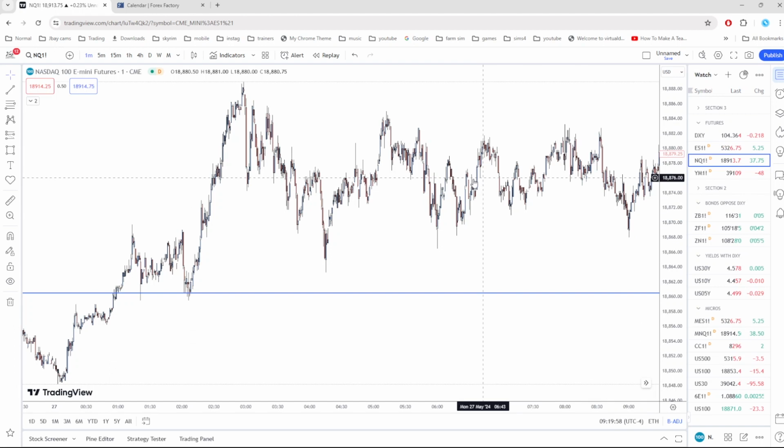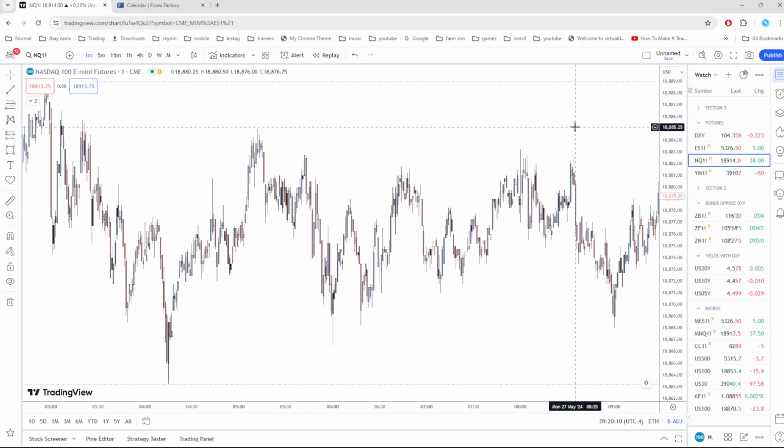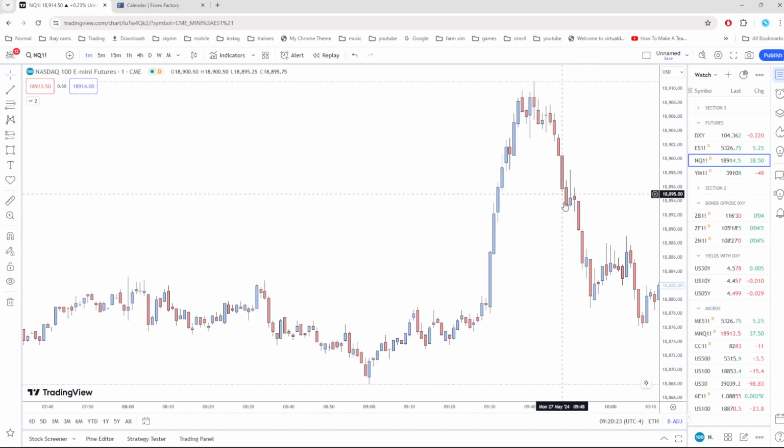And beforehand, we were sitting sideways in a consolidation. So if I look at this and open it up, to me, it's just not clean. There's not really anything that I would want to engage in looking at this piece of price action. It's just going to be a high resistance liquidity run, so I wouldn't expect much.